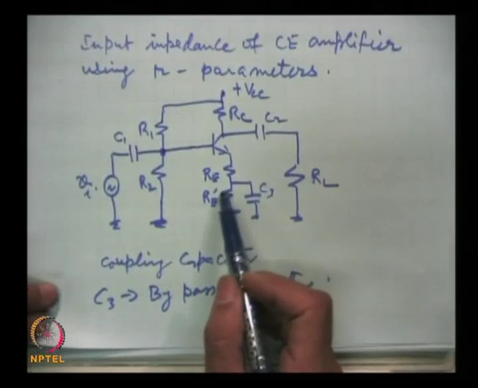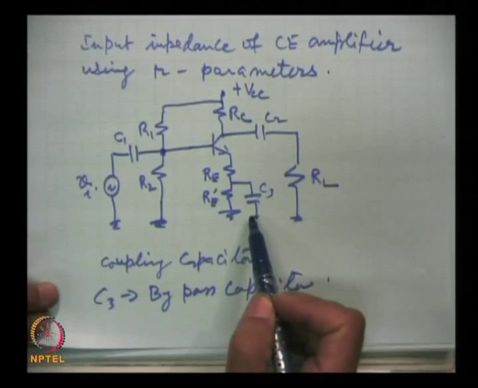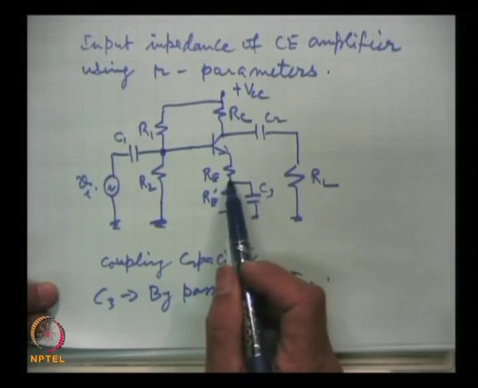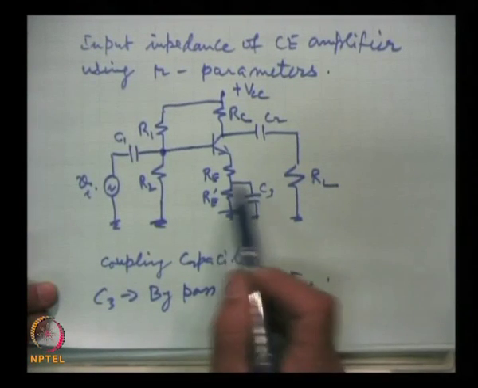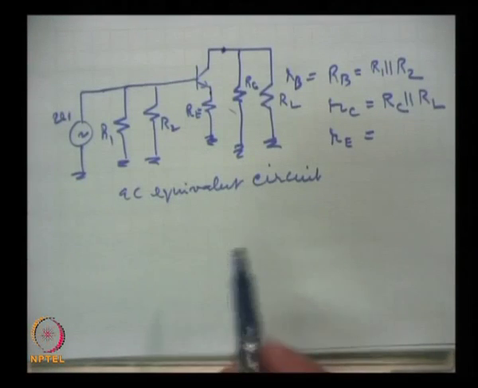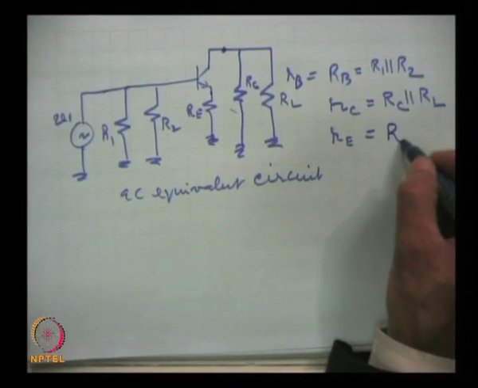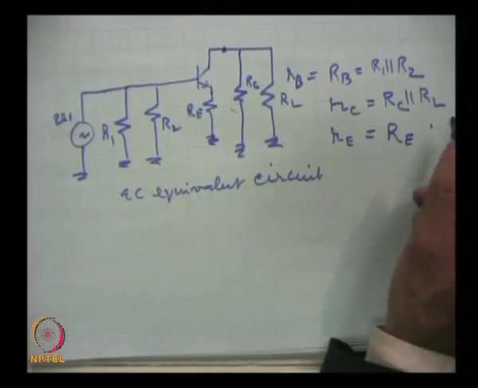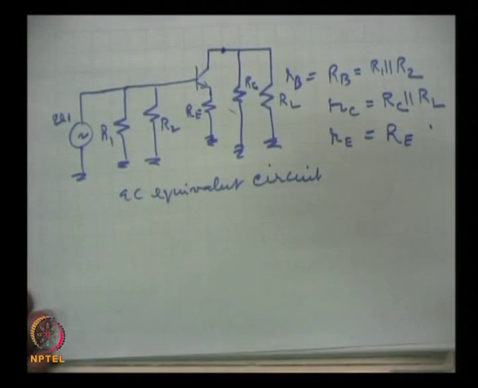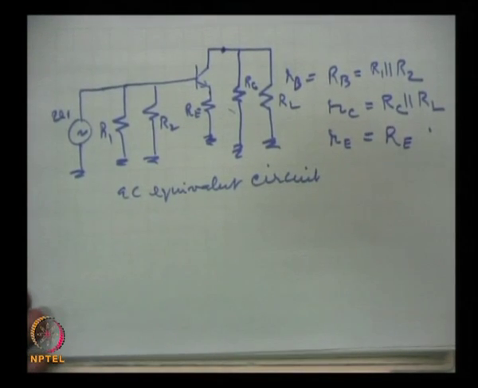Now, this resistance we are bypassing. So, in the AC equivalent circuit, when it is shorted, this disappears, and what remains is RE. So, this RE is this. Now, the input impedance, how do we find input impedance for any circuit? We simply apply a test voltage and we measure the current flowing.